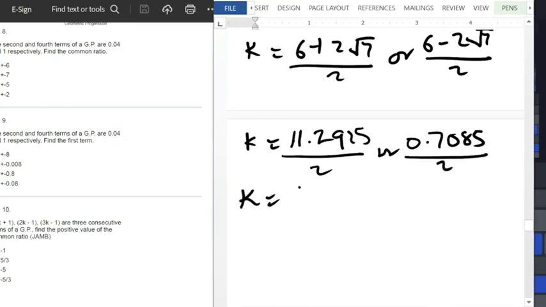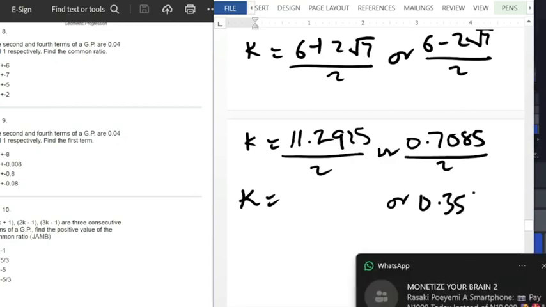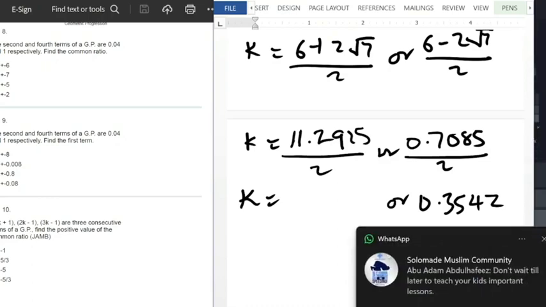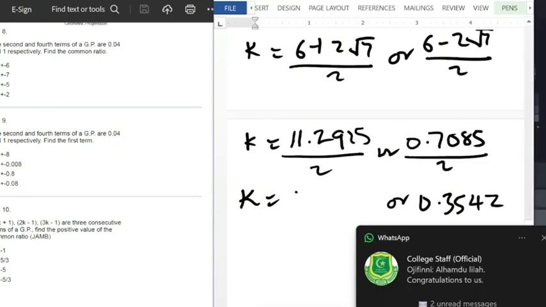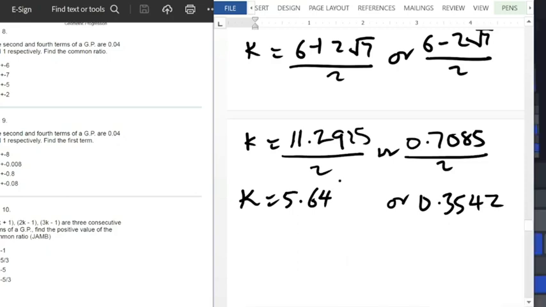So k equals 0.3542. While the first k is 11.2915 divided by 2, that is 5.6463. But we have to find the common ratio.